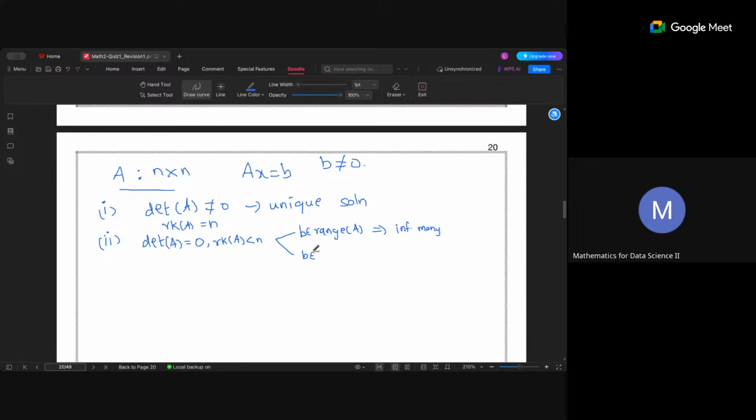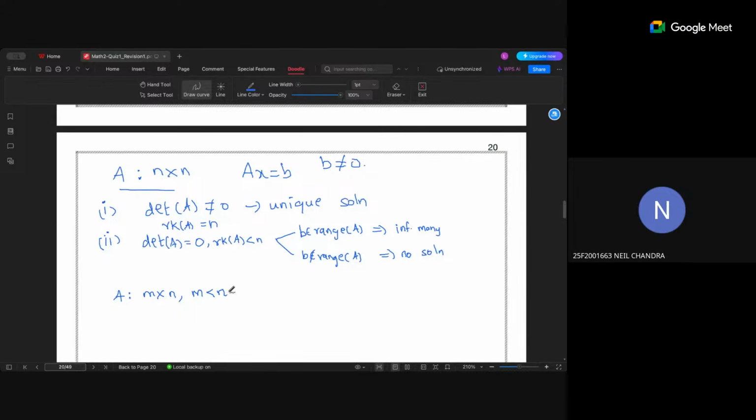And if b does not belong to the range of A, then you will have no solution. It means whether b can be expressed as a linear combination of the columns of A or not. If we can express b in terms of the columns, then we say it has infinitely many solutions.